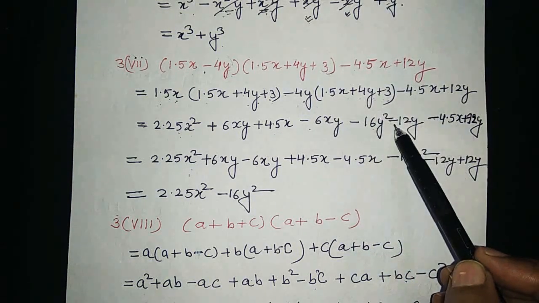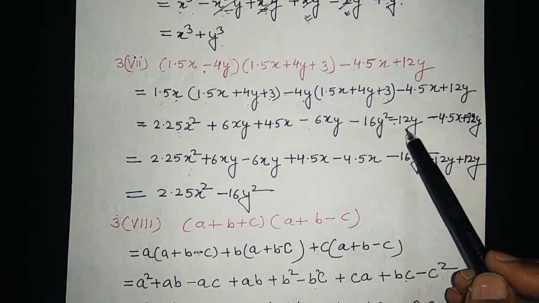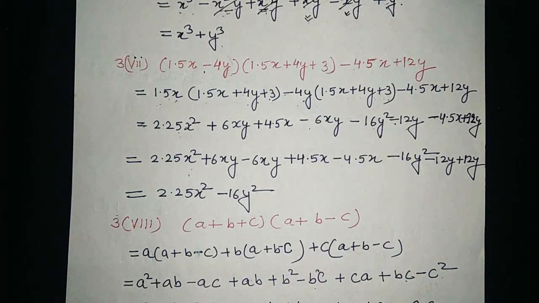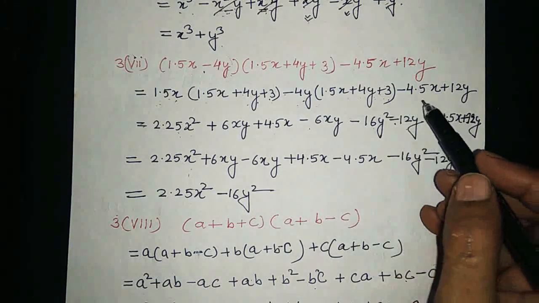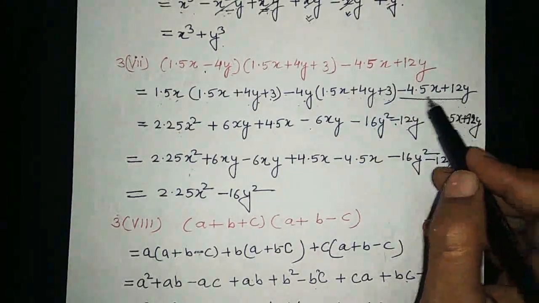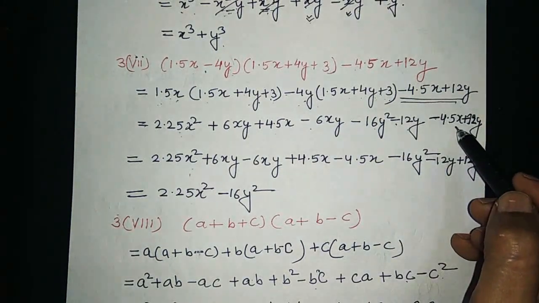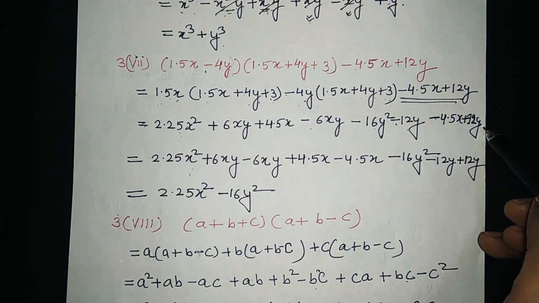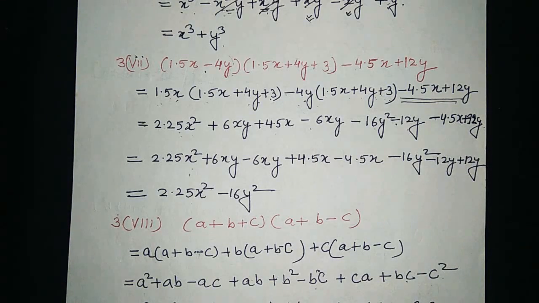Here what will come? Minus 12, and this y will come. Now at last we will write this minus (4.5x plus 12y). Just like previous parts, here also you will write the like terms together.